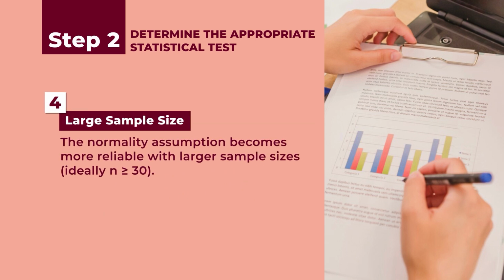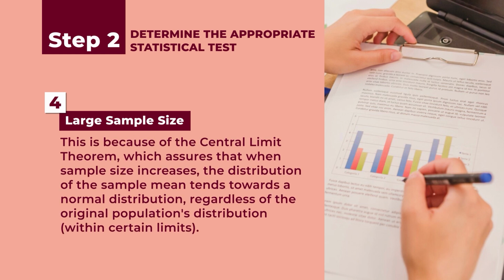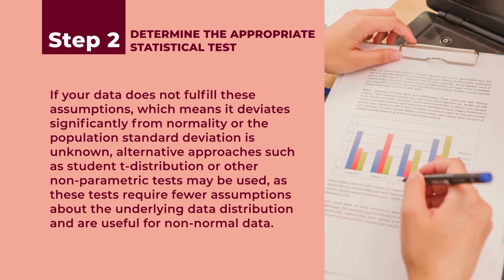The normality assumption becomes more reliable with larger sample size, ideally when the sample size is greater than or equal to 30. This is because of the central limit theorem, which assures that as sample size increases, the distribution of the sample mean tends towards a normal distribution, regardless of the original population's distribution within certain limits. So even if your data is not perfectly normal, a larger sample size can strengthen the validity of your Z test results.